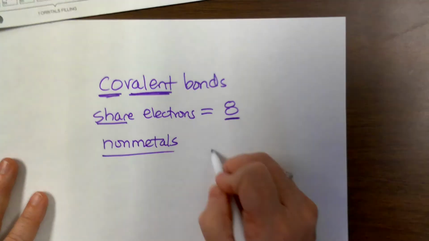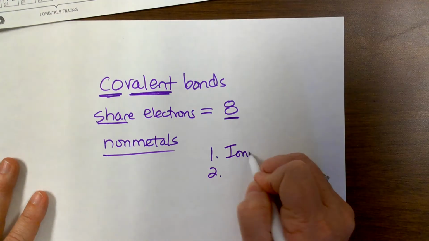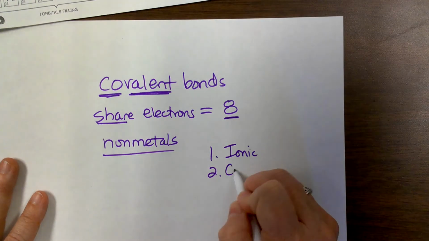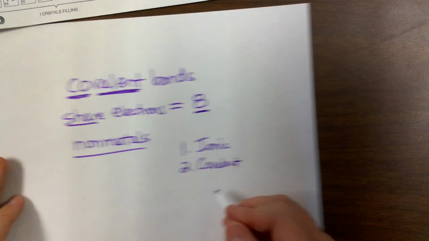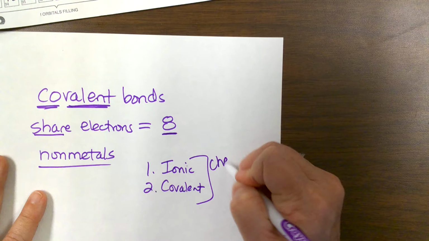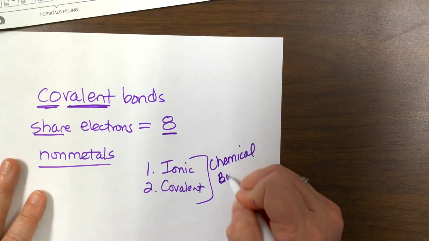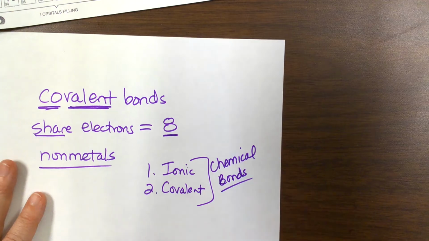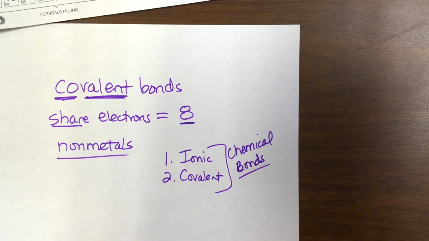So if we are ranking bonds right now, your ionic are going to be your strongest chemical bonds, and then covalent will be second, but it'll be a very close second, okay? And they are chemical bonds. So they are marriage bonds. They are meant to stay together, and the only way you can break them apart is by burning or some other chemicals and have some sort of chemical reaction.